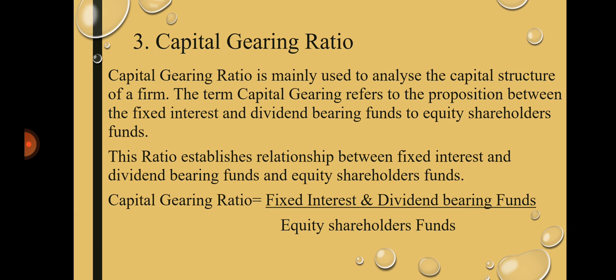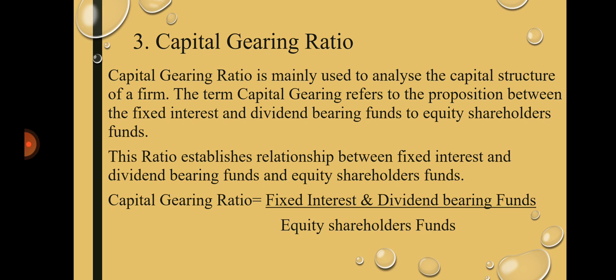Next one is capital gearing ratio. Capital gearing ratio is mainly used to analyze the capital structure of a firm. The term capital gearing refers to the proportion between the fixed interest and dividend bearing funds to equity shareholders funds.